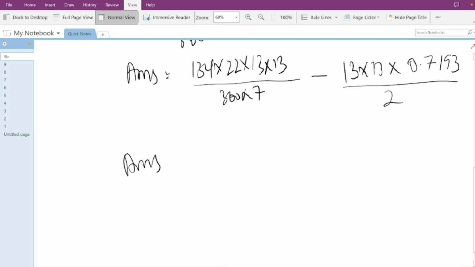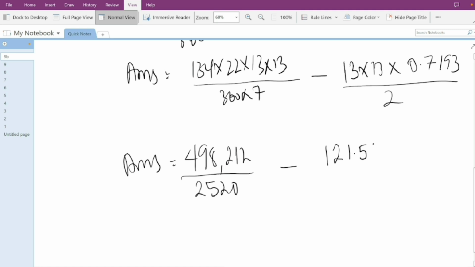Our AMS, that's minor segment, you multiply the numerator at this point, 134 times 22 times 13 times 13 will give you 498,212 over 360 times 7, which is 2,520, minus 13 times 13 times 0.7193, which with our calculator will give us 121.5617 over 2.